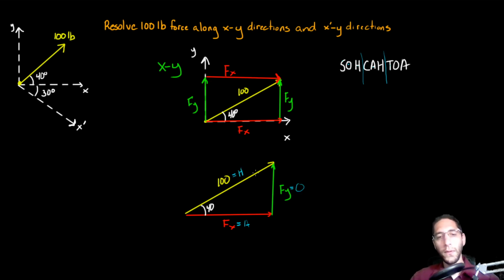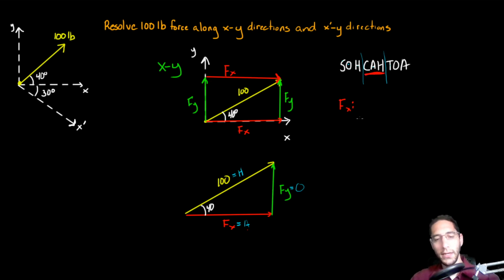So now let's match up what we have with SOHCAHTOA. Let's do Fx first. What do we have? We have the adjacent. We know we have the hypotenuse, so adjacent and hypotenuse is going to give us the cosine.